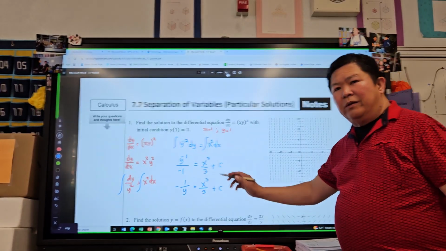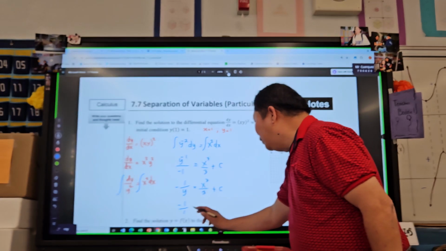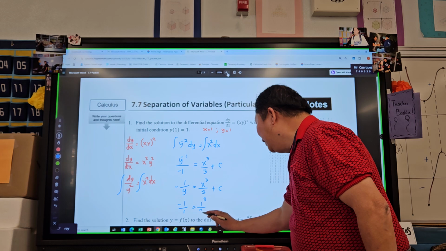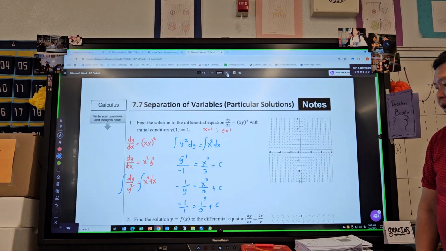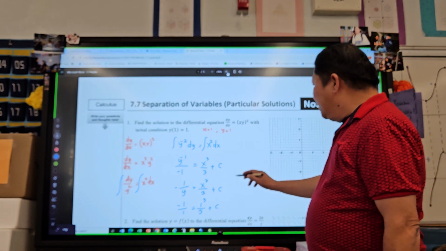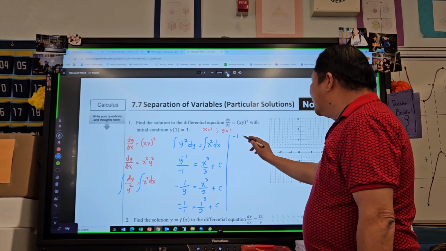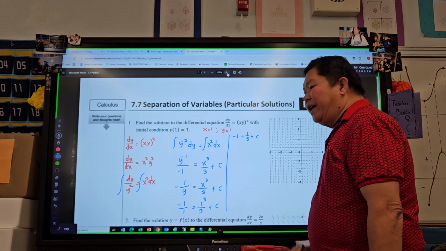If y is 1, maybe you'll be confused, so I'll write negative 1 over 1 equals 1 to the power of 3 over 3 plus the constant. Is that clear, guys? So negative 1 equals 1/3 plus c.